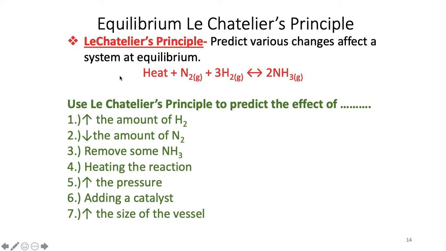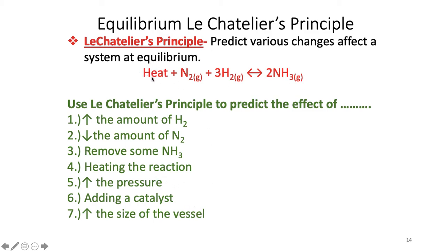Practice a few of these. They're not very difficult. First, you have to ascertain the change that you're making, and then how you counteract the change. The harder parts are the pressure and the volume, and maybe the heat.